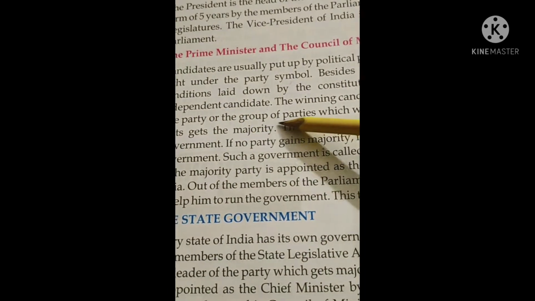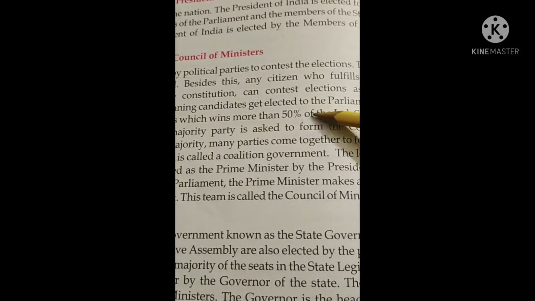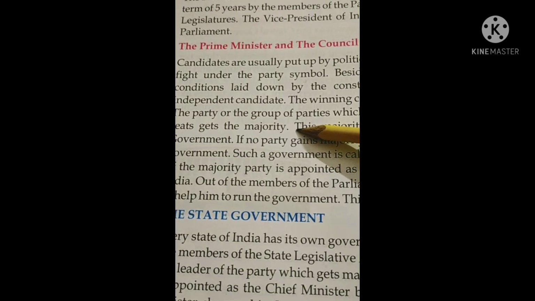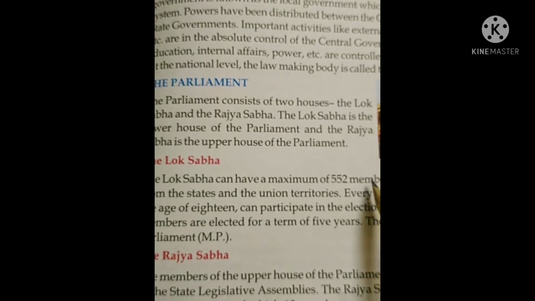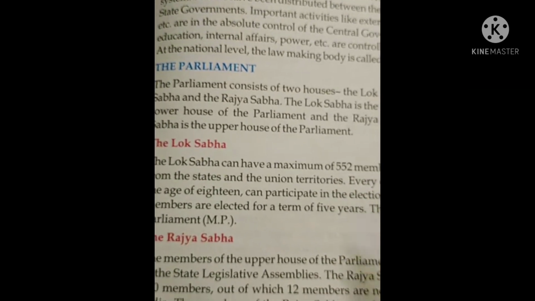The party or the group of parties which wins more than 50% of the Lok Sabha seats gets the majority. 50% of Lok Sabha seats means 50% of the maximum number of members.